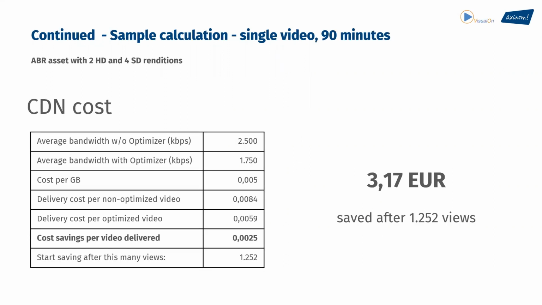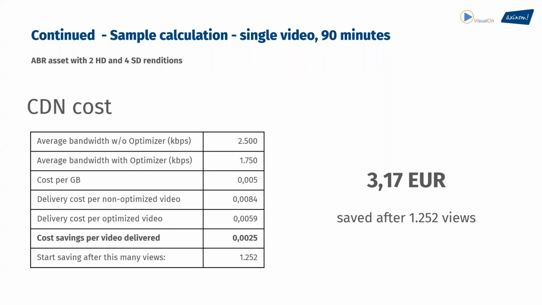Now, with an additional cost of €3.17, the question is, how many views do we need to distribute until we reach that sweet spot when it becomes more affordable to distribute higher quality than non-optimized video? And there we've also made some assumptions here. So average bandwidth without optimizer is 2,500 kilobits per second.